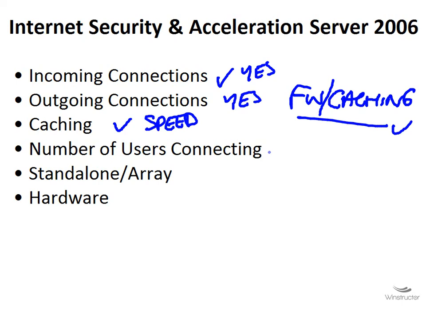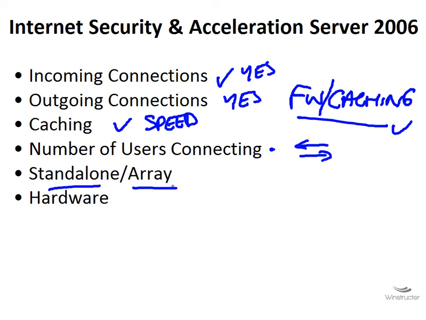Now we'll also need to give consideration to how many users are going to be using our ISA server and whether these connections are coming from outside into our network or they're coming from inside and going out. Now this is important to size up our requirements, so I will talk about it more when we talk about the hardware requirements. Now you'll also need to decide whether this ISA server is going to be installed as a standalone ISA server or as a member of an array.